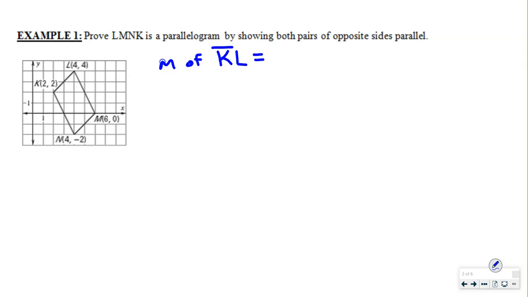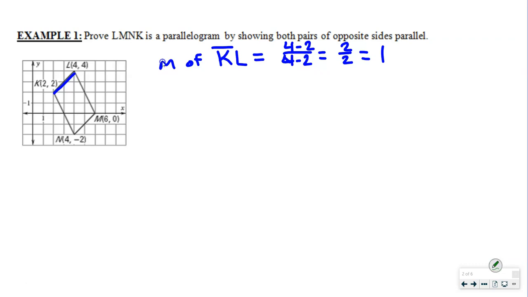So we'll have y2 minus y1. So 4 minus 2 over x2 minus x1. 4 minus 2. That's just 2 over 2, which is 1. So our slope of KL is 1. 1 over 1.